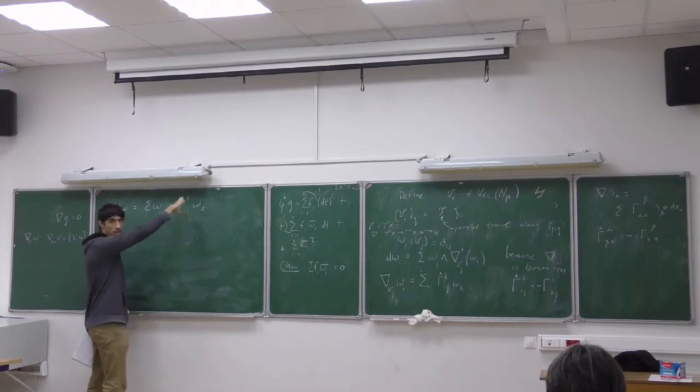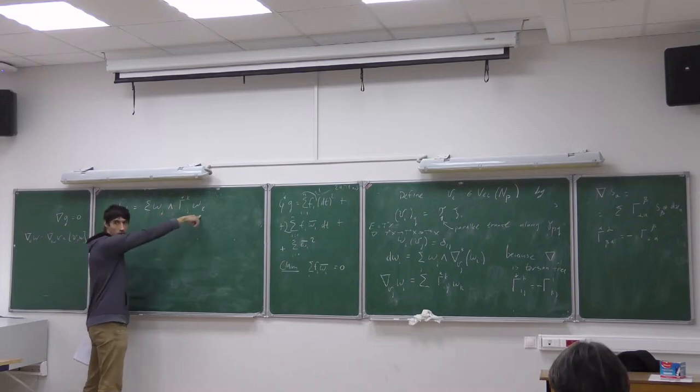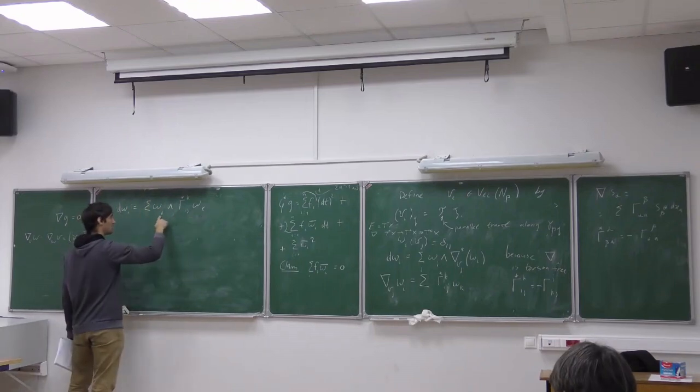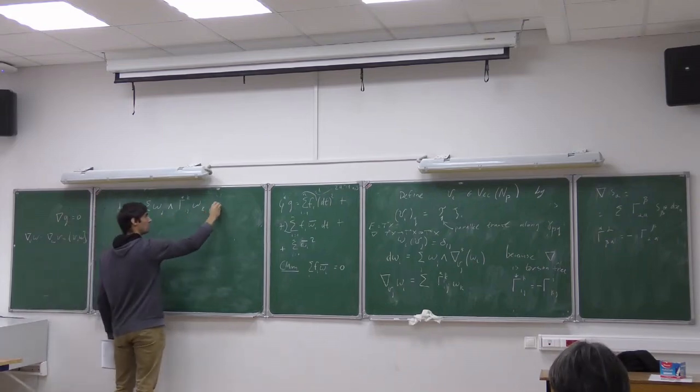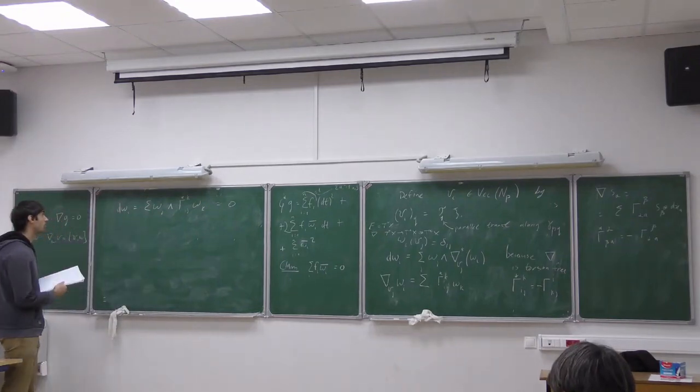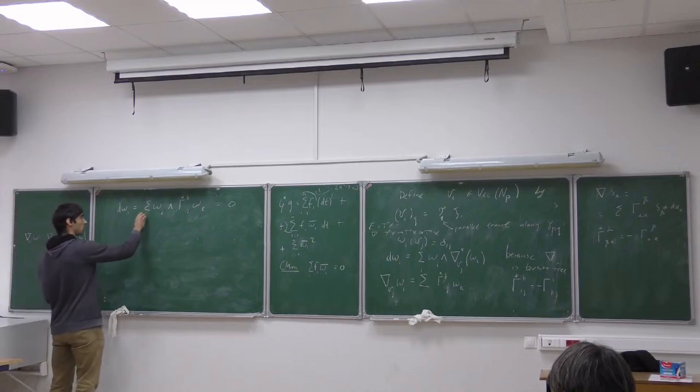And so k and j are symmetric, and this is antisymmetric. So we have both symmetry and antisymmetry, right? Here it is antisymmetric, this is symmetric, so therefore this is just 0. Okay, so this here is a sum over j and k.